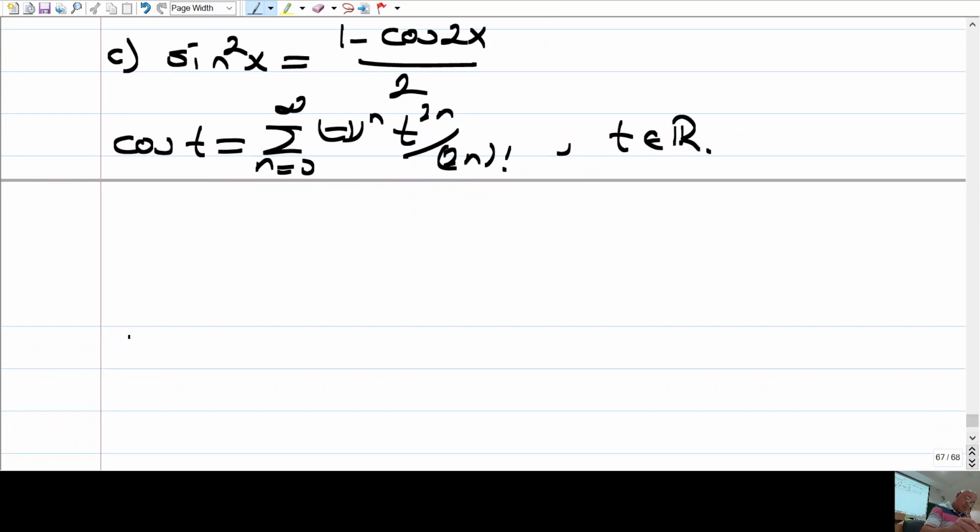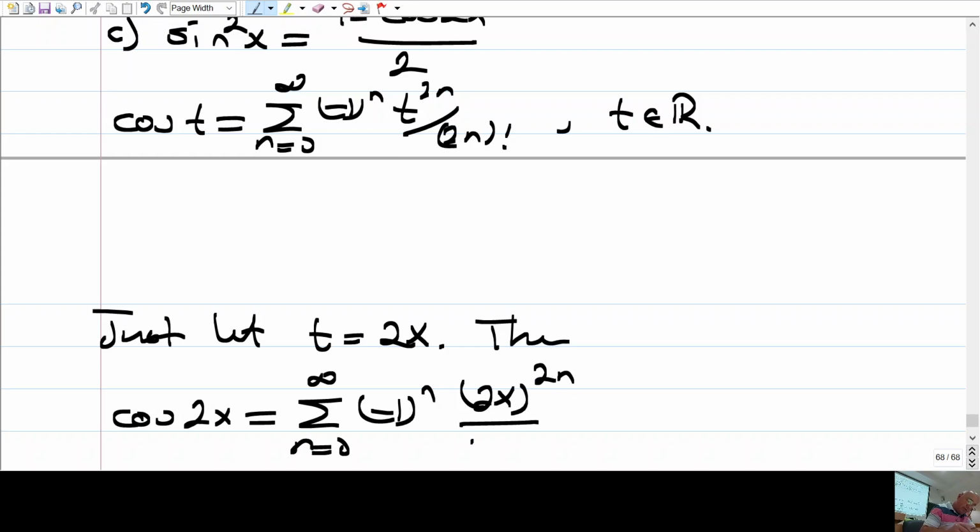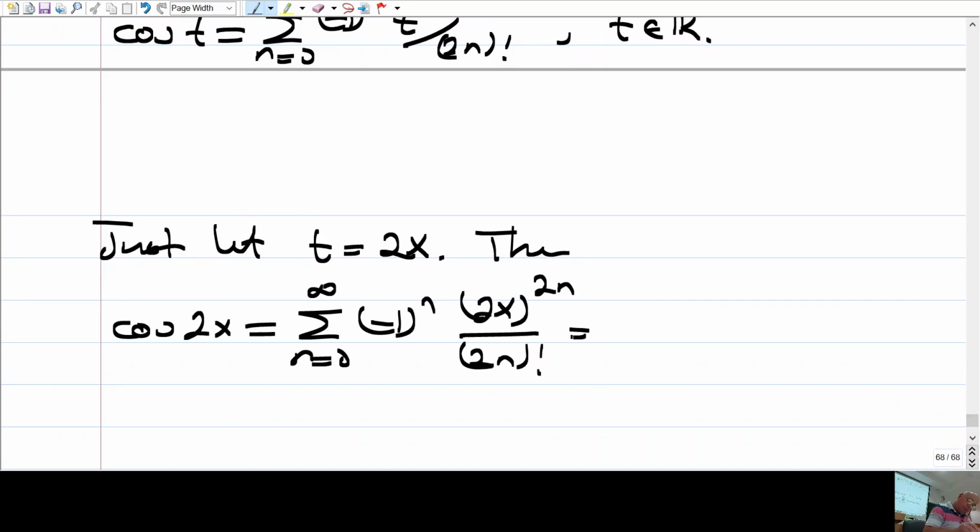So just let t equals 2x, then cosine 2x is the sum from 0 to infinity of minus 1 to the power n, 2x to the power 2n divided by 2n factorial.